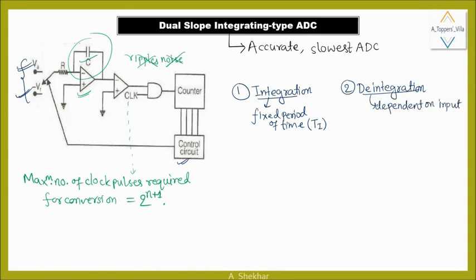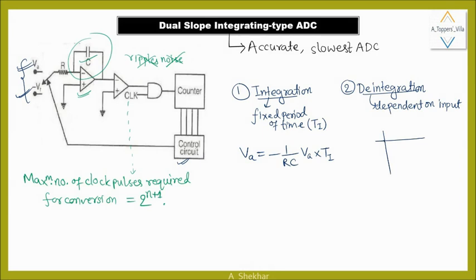So here the expression for this analog input can be written as the integrator's output is minus 1 upon RC into Vin into this integration time. So here an expression for analog input can be written as minus 1 upon RC VA into Ti, this integration time.